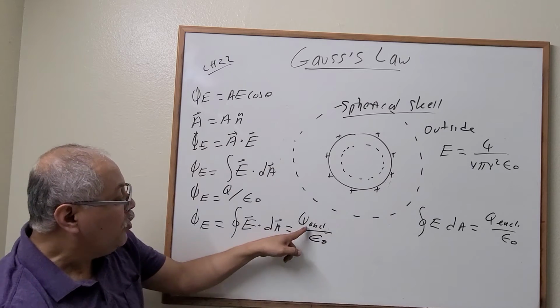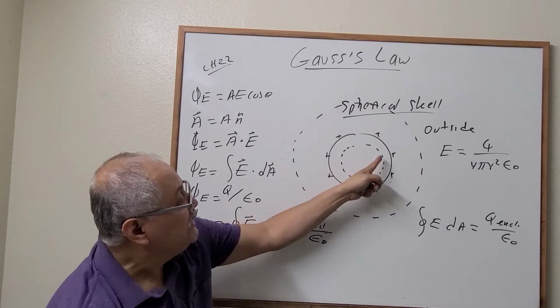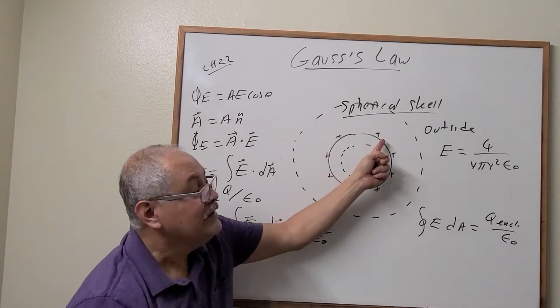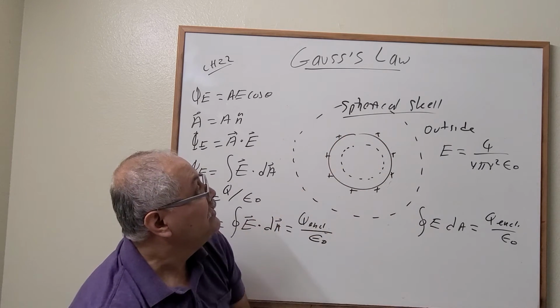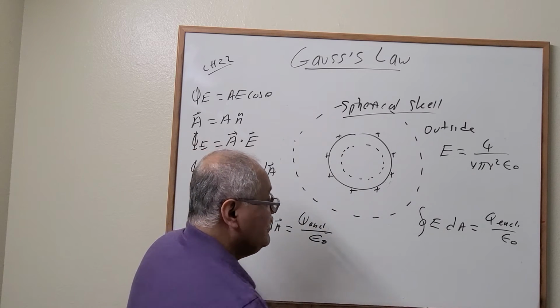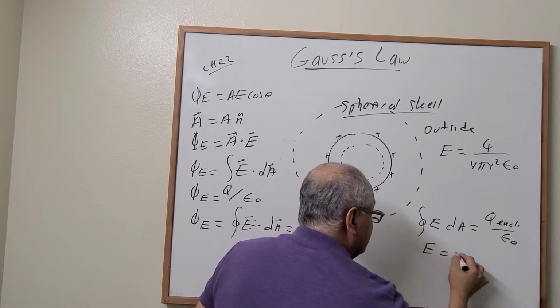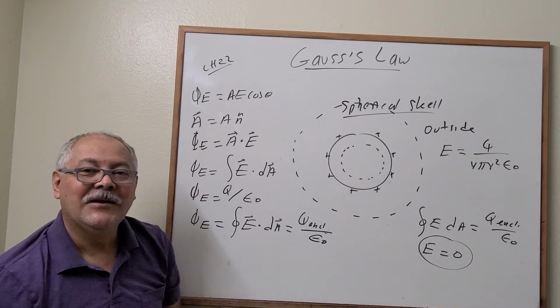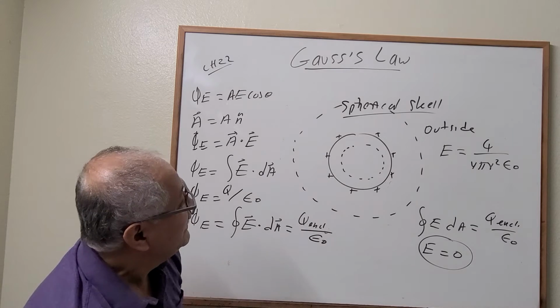But what is the charge enclosed by this Gaussian surface? It's zero. There's no charge. The charge is outside, because it's a spherical shell. And because of that, the electric field inside is going to be zero. Correct? Perfect.